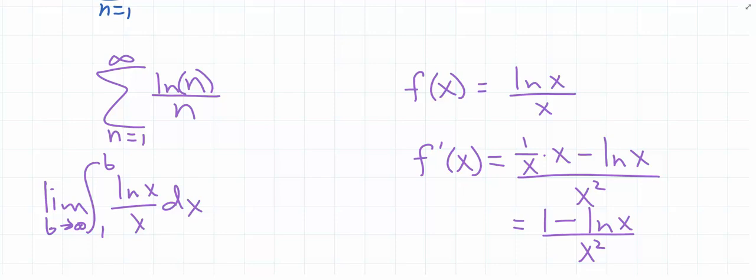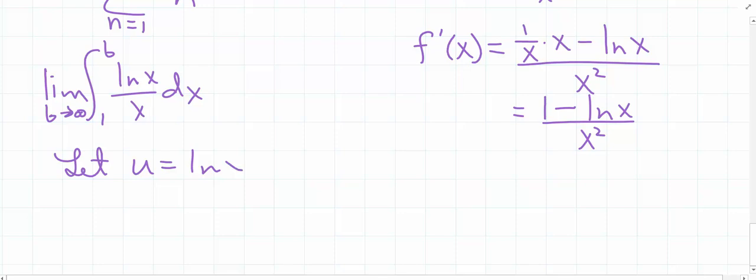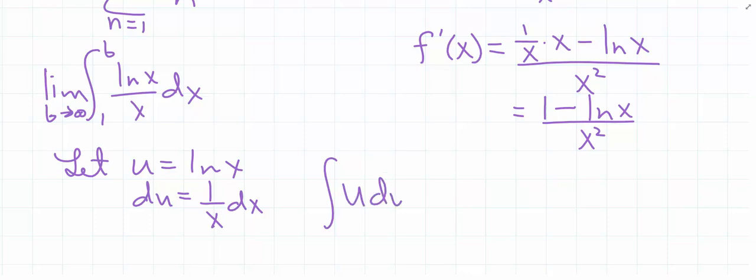Now, what do you think? How would we integrate this? Yeah, maybe you can let u be log x, then du is 1 over x dx. And then you have this. Well, it looks like we just have u du, right? Which is going to be 1/2 u squared. And I'm not going to put the plus c. I just want the antiderivative. Okay. Do y'all see what I did there?